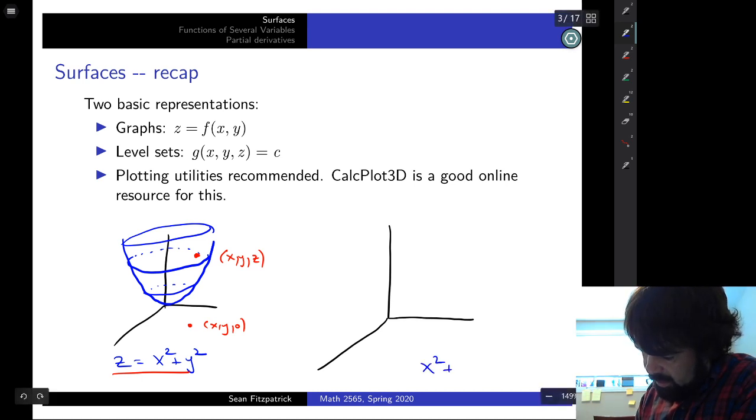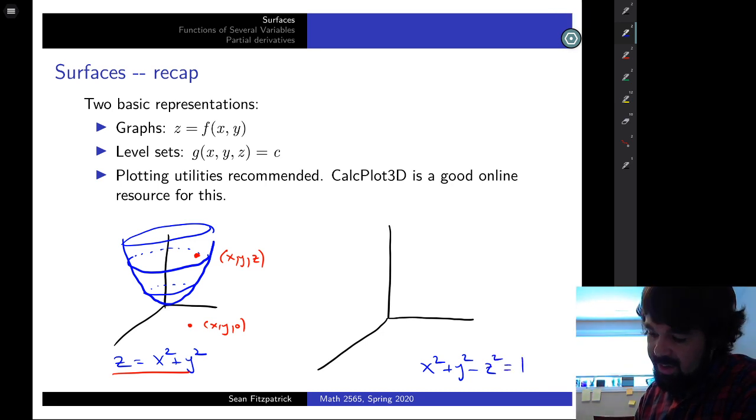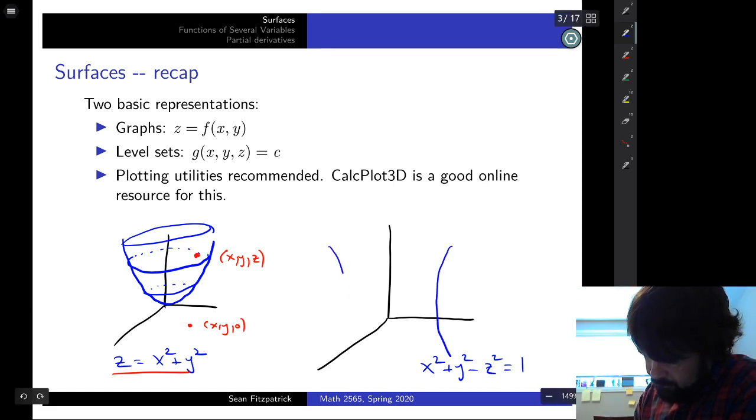An example of a level set might be something like this. This would be a hyperboloid of one sheet. What that hyperboloid looks like is, in the YZ plane, you have a hyperbola.